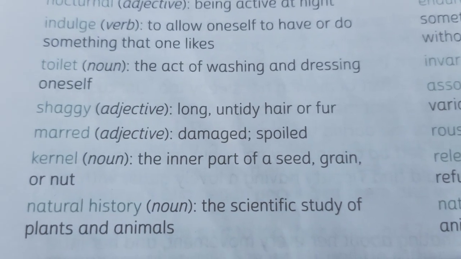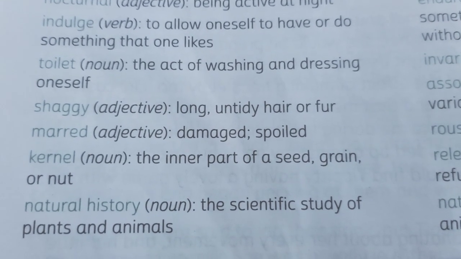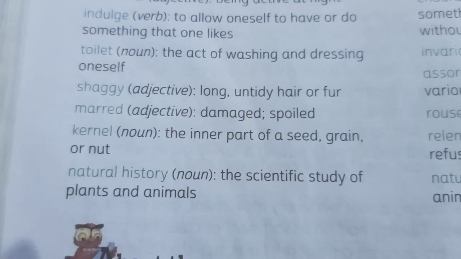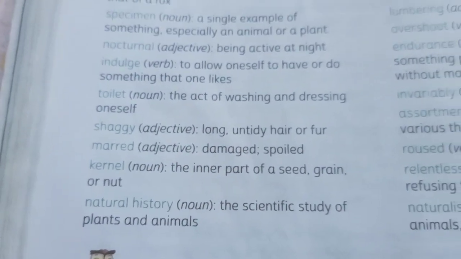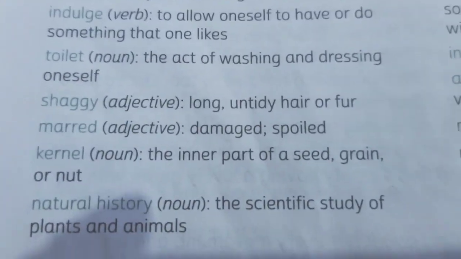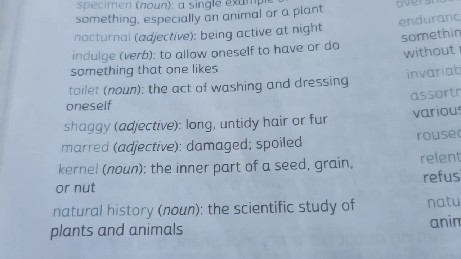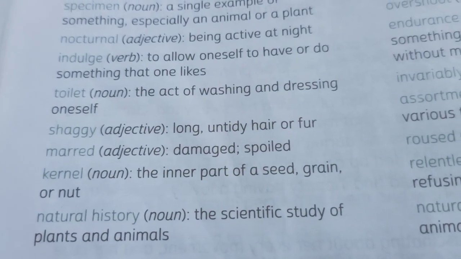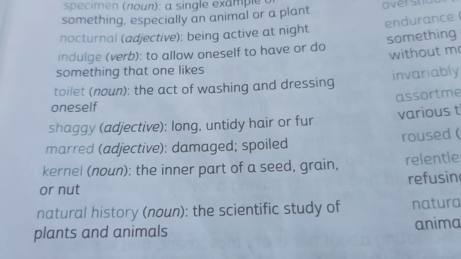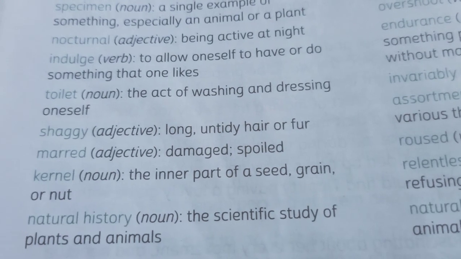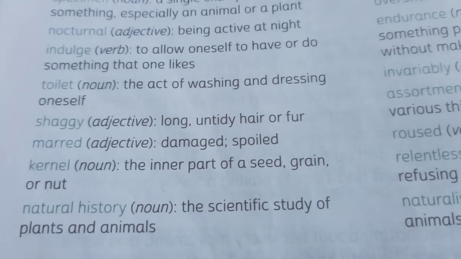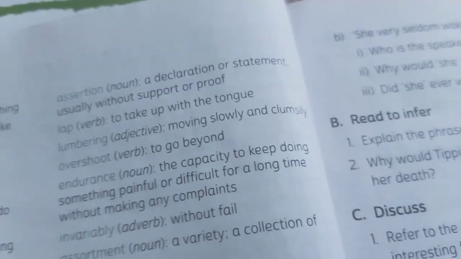If you have a peanut and you open it, you will find that part, which is known as a kernel. The next is natural history. It's a simple one. Natural history means the scientific study of plants and animals.